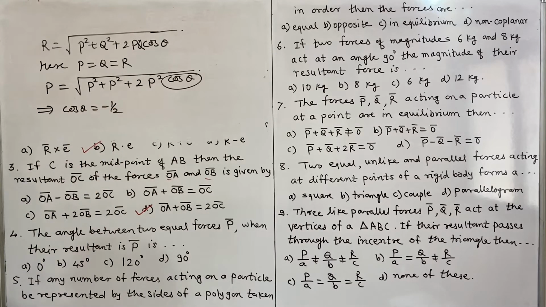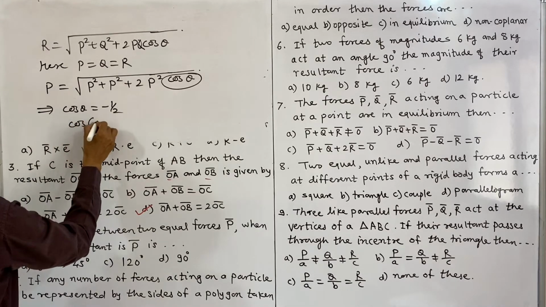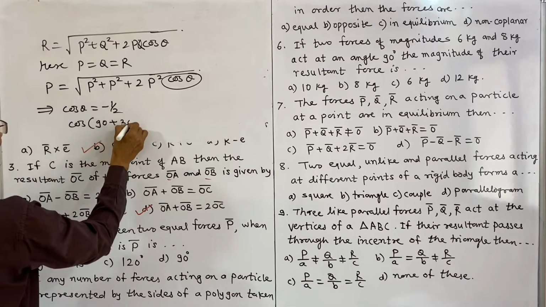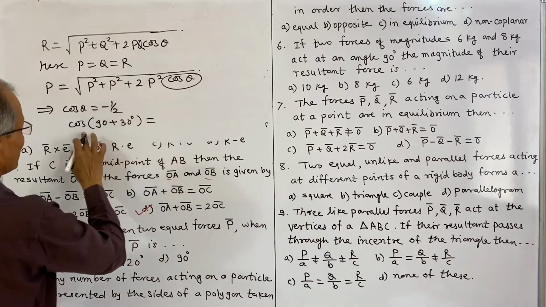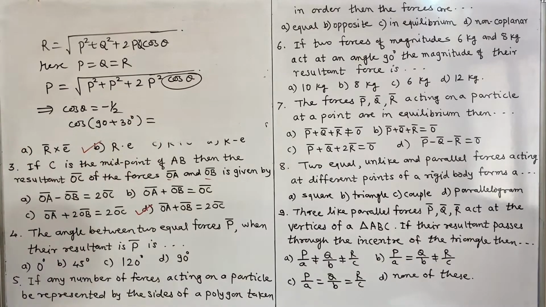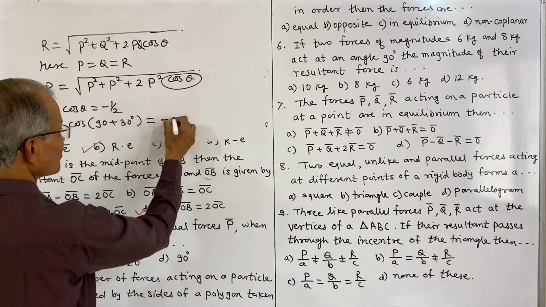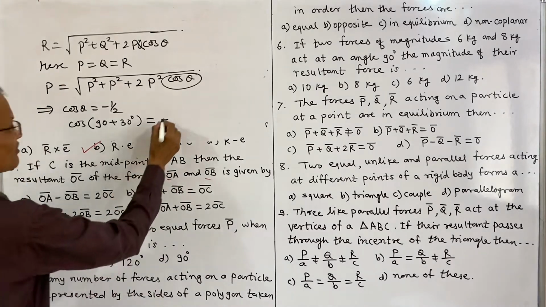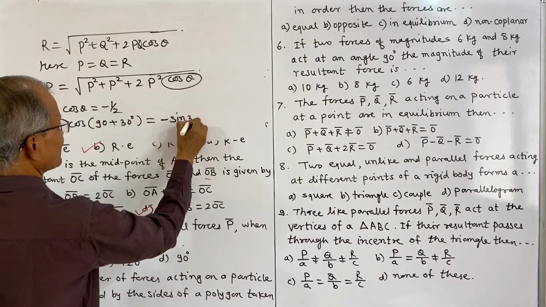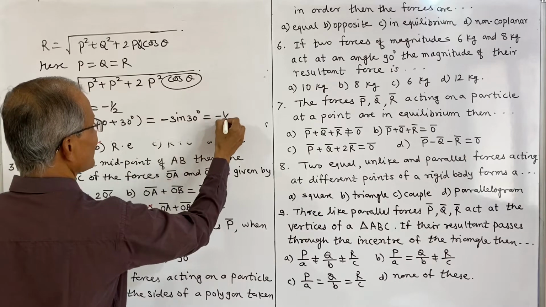If cos theta is minus 1 by 2, what is theta? We know that cos of 90 plus 30, by the allied angle formula, cos of 90 plus theta, cos becomes sine, and in the second quadrant cosine is negative. So it is minus sine 30, and minus sine 30 is minus half.